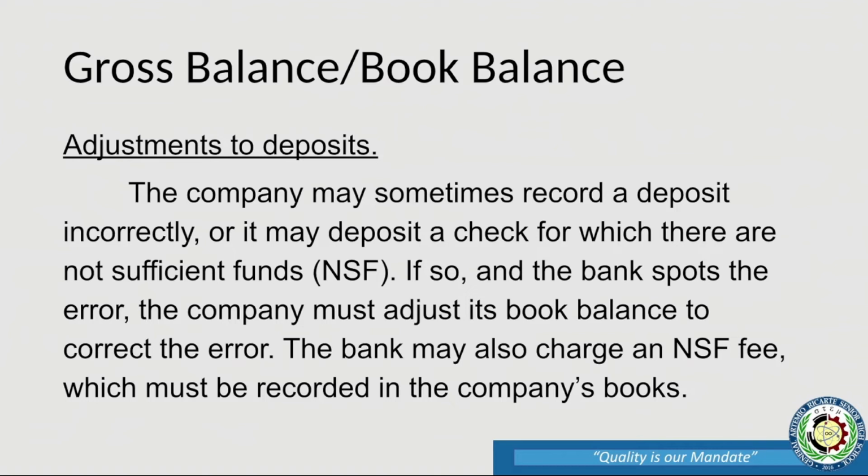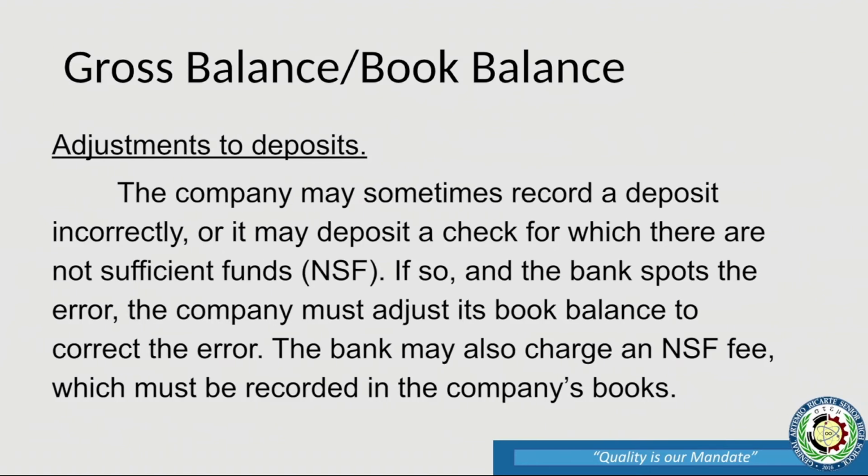Adjustment to deposit occurs, for example, when you issue a check worth 1 million pesos and the only remaining balance in your account which can be deducted for the check is 800,000. So you need to adjust the deposit in order for the check you issued to be cleared by the bank. So that's what adjustment to deposits means.